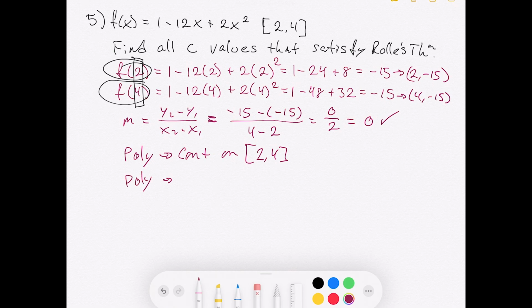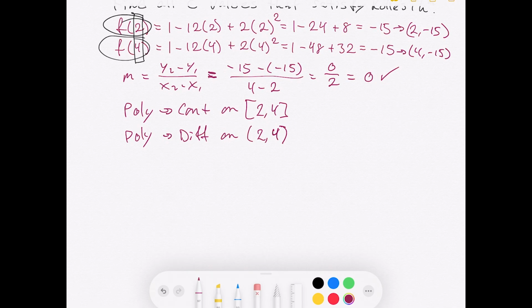So again, since it's a polynomial, it's going to be differentiable on the open interval from 2 to 4. And as was stated in the slides, the comparison was that f of a needed to be equal to f of b, and in this case it's true that f of 2 is equal to f of 4. Negative 15 is equal to negative 15. So we are good on all 3 conditions.